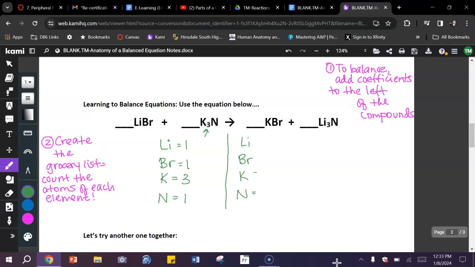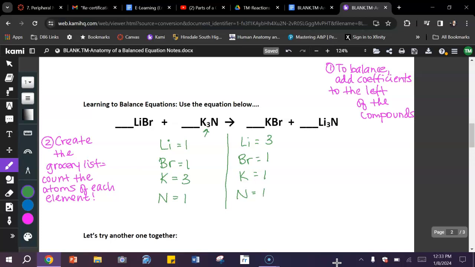Otherwise, you could get yourself mixed up and confused. So just make sure that you've got all the same elements on the right as you do on the left. All right, so on this side, I have 3 lithiums. I have 1 bromine, I have 1 potassium, and 1 nitrogen.